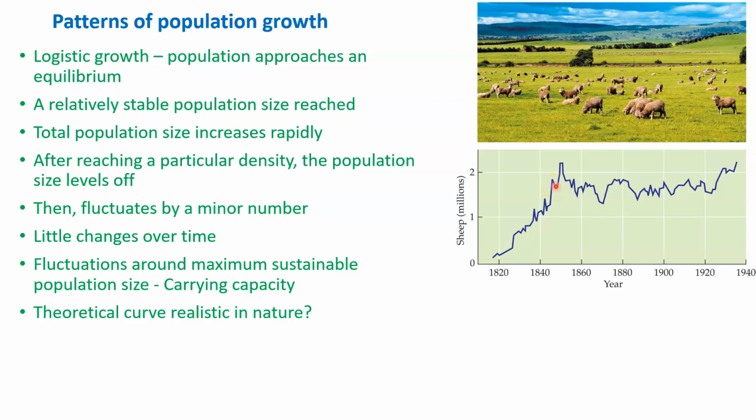It's actually fluctuating, right? So despite the overall trend of a first dramatic increase and then stabilization, you do see these rapid fluctuations in the number of individuals in the Tasmanian sheep population.